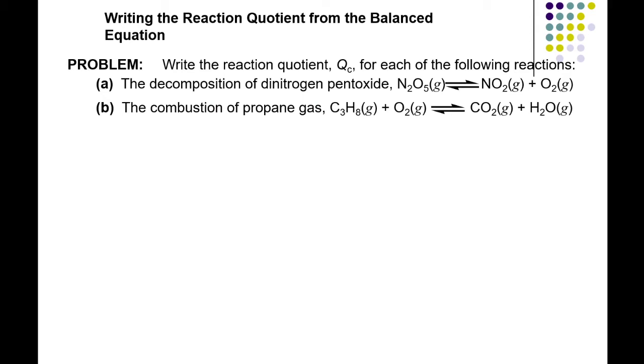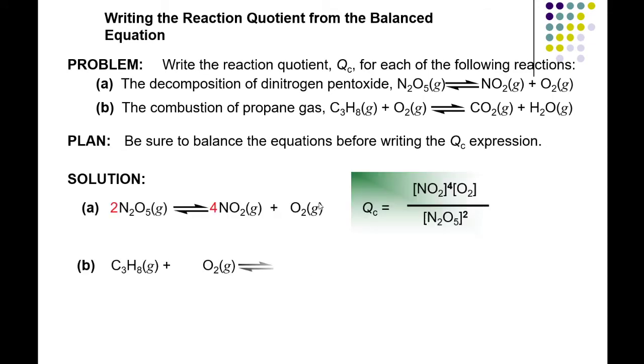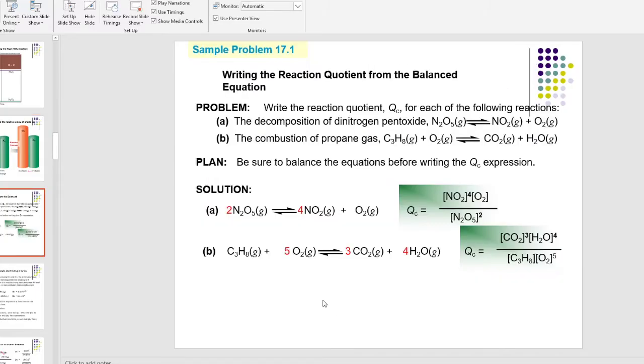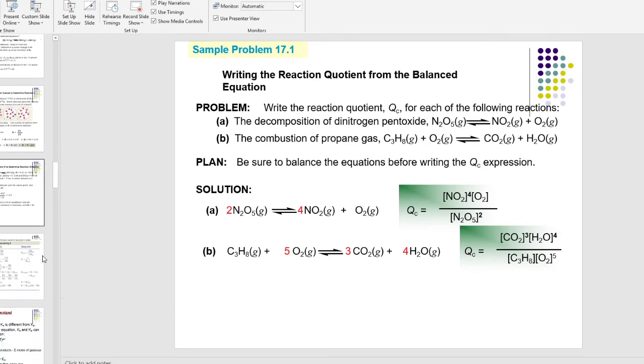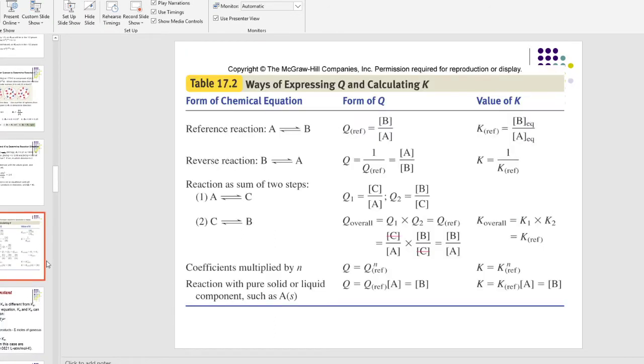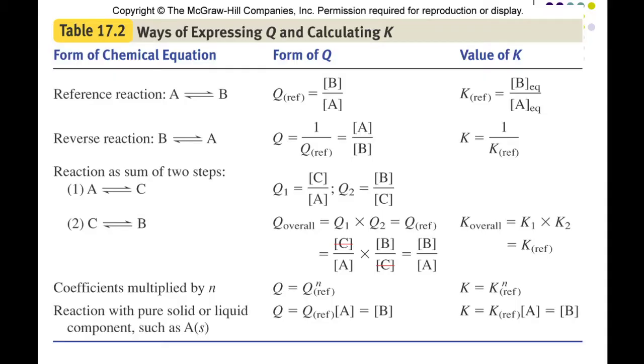Alright, so these were writing our Qcs and things like that. I assigned these for homework, so we'll go through them really quick here. And let me get to, yes, right here. So this is a little summary of essentially finding Qc and Kc and how they work.